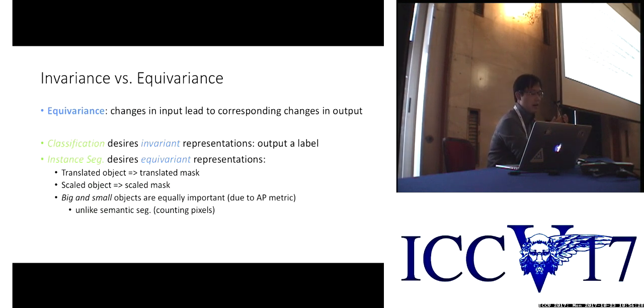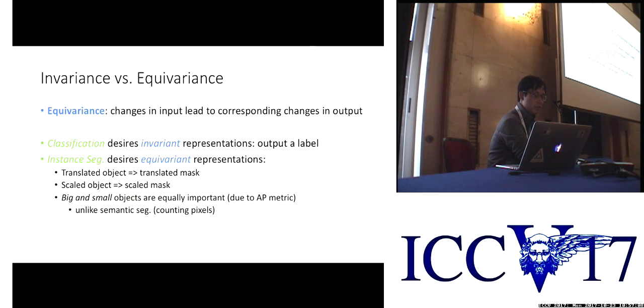More formally, as I mentioned, equivariance is that if you change the input, then you may also want to see the corresponding change in the output. In this context, if we rethink the instance segmentation problem, you can see that instance segmentation is kind of an equivariance problem. It is not like classification, which just needs one output, so which can just be an invariant problem. In instance segmentation, if you translate the object, you want to translate the mask. If you scale the object, you also want to scale the mask.